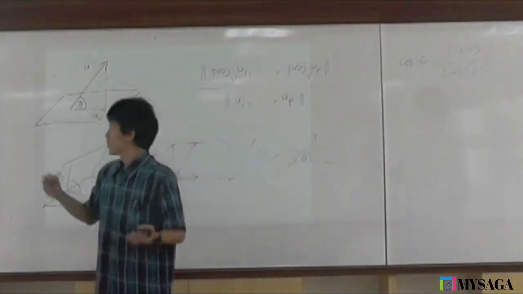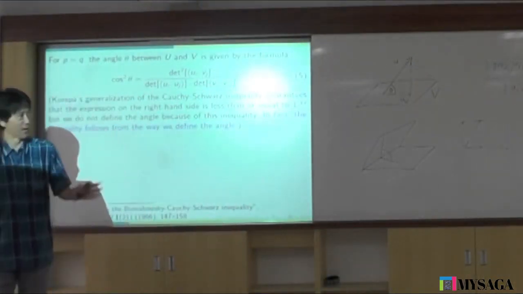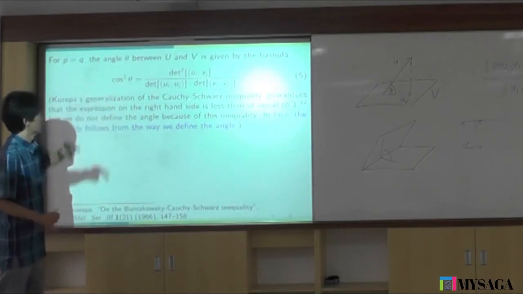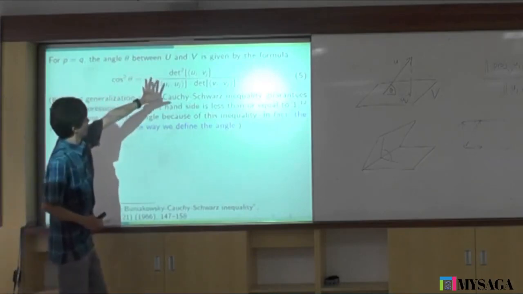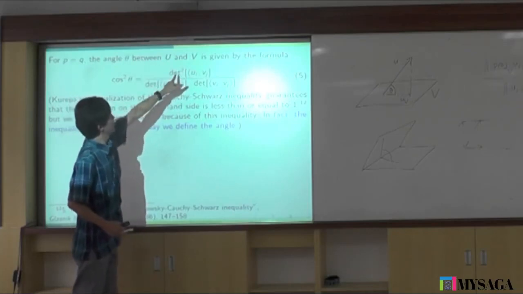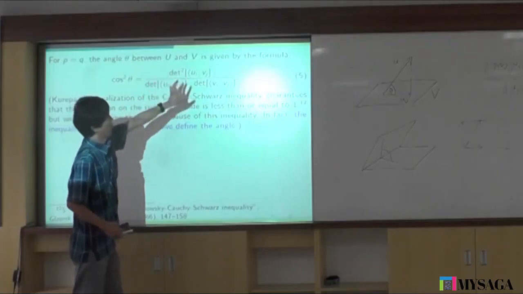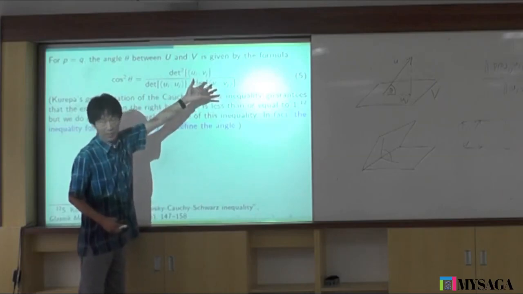But just to avoid the plus and minus, we just take the square of this. So looking at this, in one dimension, this is just the inner product of u and v. This is norm u squared, and this is norm v squared. Okay.